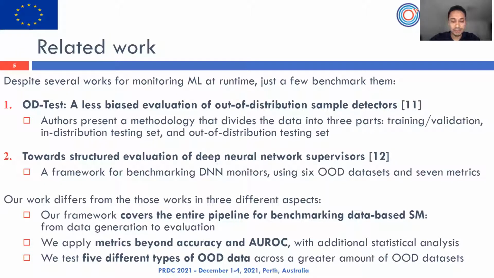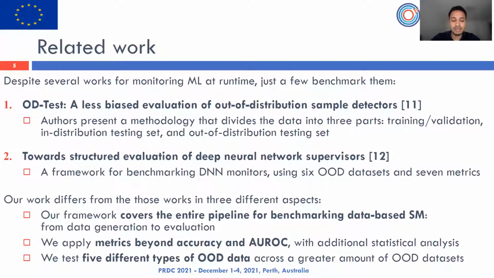Another important thing is that, despite having at least 2 related works on benchmarking safety monitors for machine learning at runtime, our work differs from these 2 in 3 different aspects. The first one is that we propose a framework that covers the entire pipeline: data generation, testing, and evaluation.